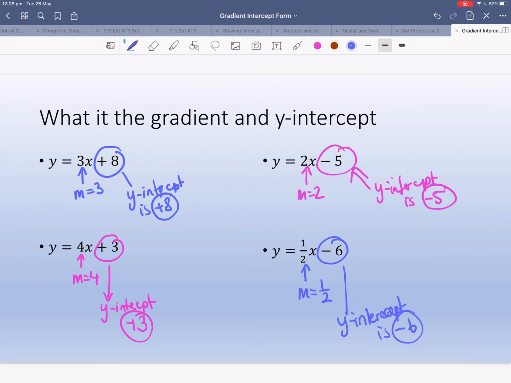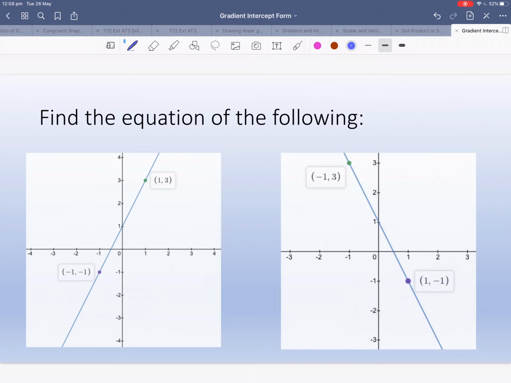All right, I'm going to do one more example here, and we're going to look at it. I'm going to do it pretty quickly. I'm going to do a triangle here. Let's do a big triangle. It doesn't matter what size triangle, as long as you calculate it evenly. 1, 2, 3, 4. So it goes up 4, and it runs 2. So our gradient equals 4.